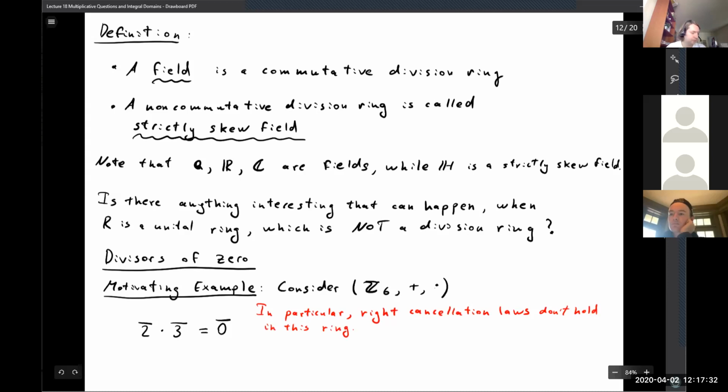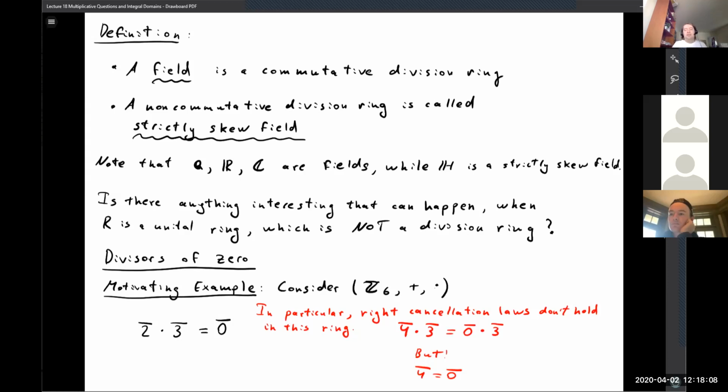So let's look, for example, at 4 multiplied by 3. That's 0, and that's the same as 0 multiplied by 3. But from here, it doesn't follow that 4 is the same as 0.